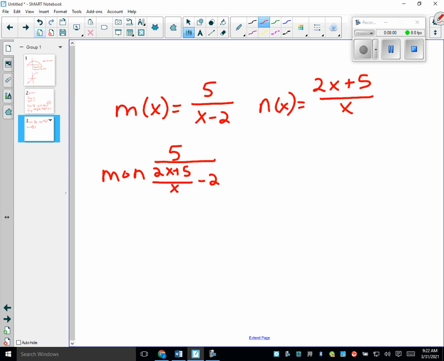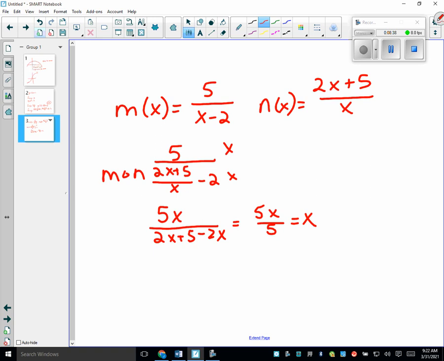All right? That's just one, isn't it? x over x. So put an x here and an x here. What does that give me on top? 5x? On bottom, does it give me 2x plus 5 minus 2x? 5x over 5 equals x.